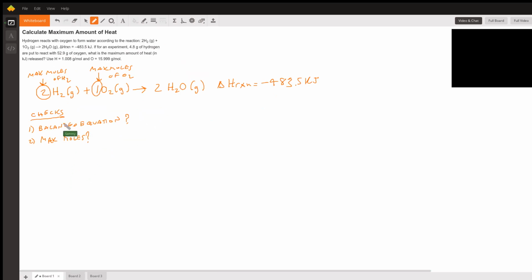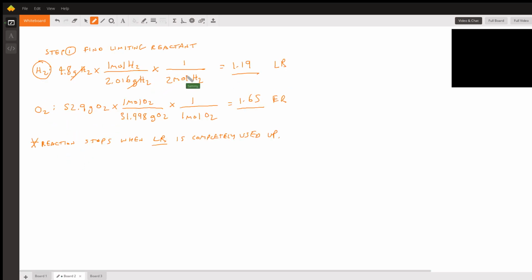And in our case, remember we said that the coefficient that's in front of the hydrogen is the maximum number of moles. So we're going to divide this by 2. So you can say times 1 over 2 moles is the same thing as dividing, okay? So the moles will cancel out, and we're left with a unitless number, which is 1.19, okay?